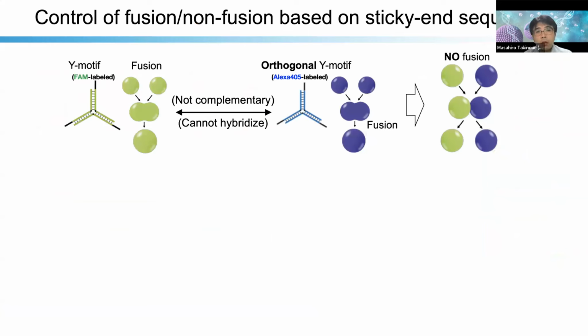So the first example of interesting design is the orthogonal DNA droplet formation. We can control the fusion of two DNA droplets based on the sequence at the sticky end part. If we made a non-complementary sticky end part here, they cannot hybridize with each other. So the two DNA droplets cannot fuse with each other.